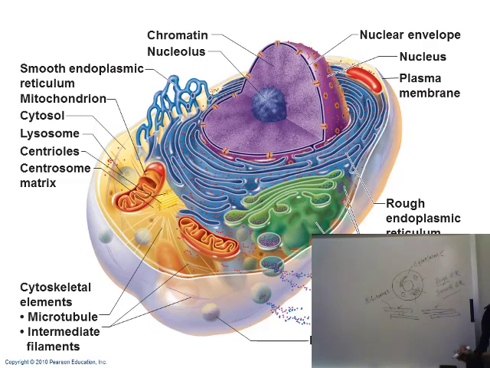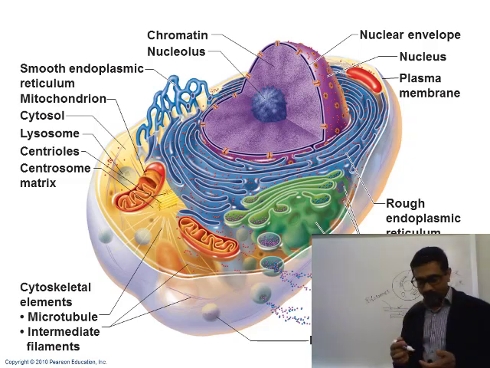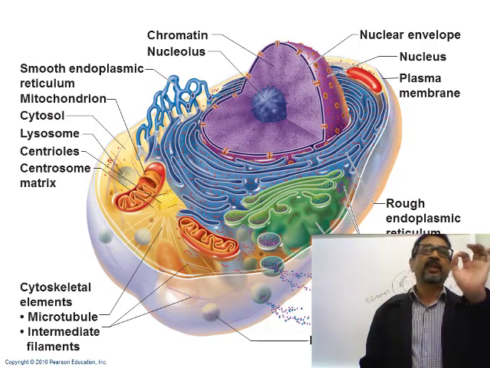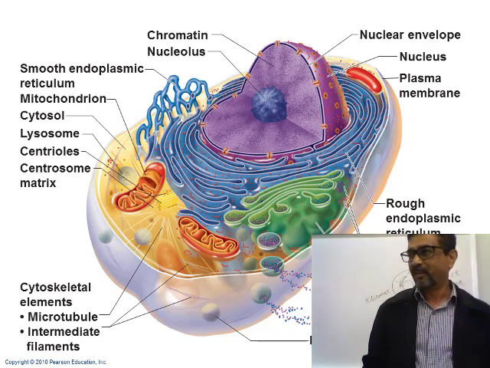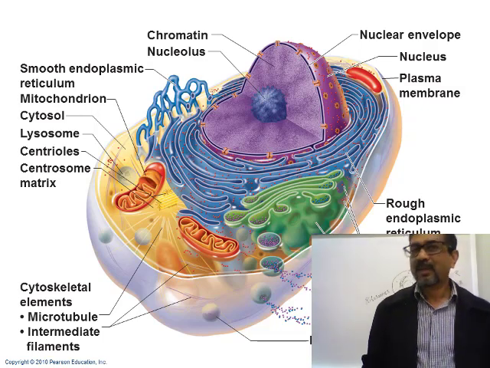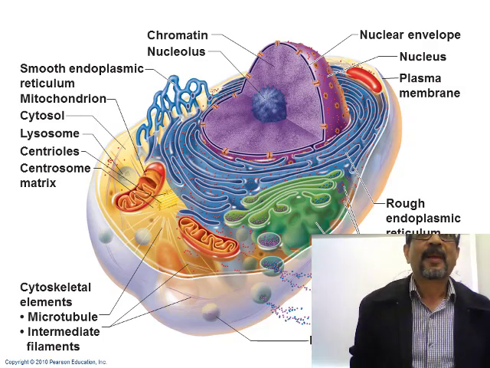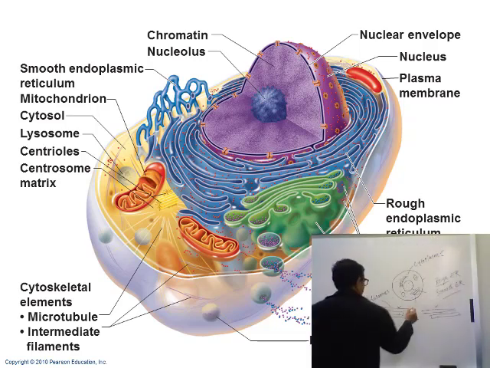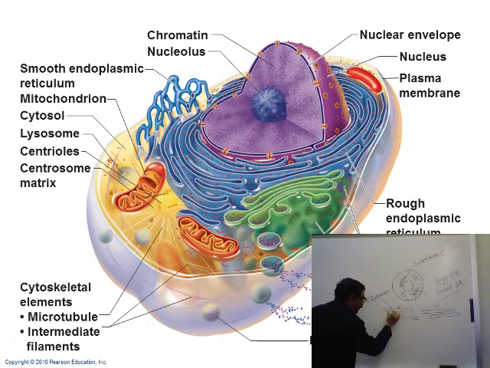The rough endoplasmic reticulum is responsible for protein modification of proteins. What happens actually, the ribosomes on the surface of rough ER, these ribosomes manufacture proteins.